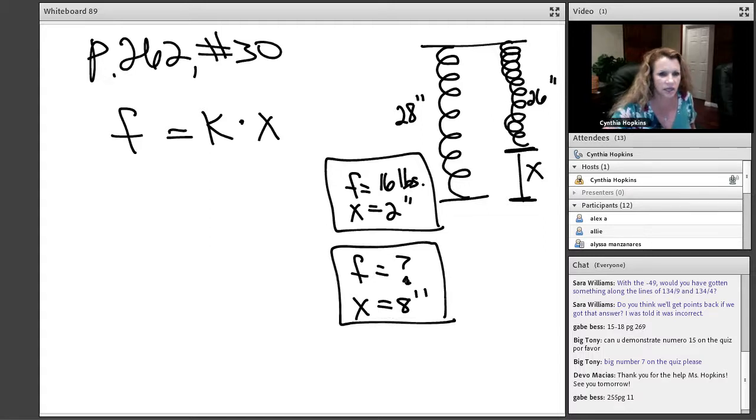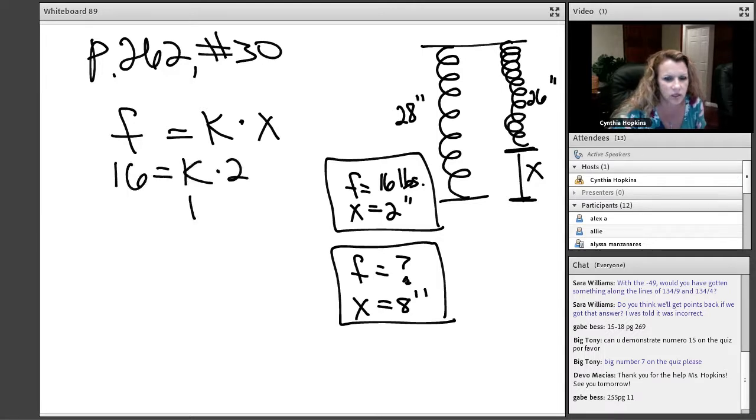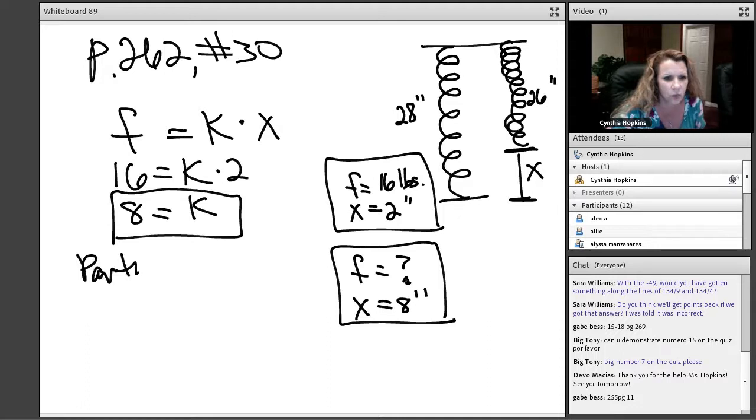Just like we saw in our other problems where there weren't any words, I've organized my work so that now I can use the first set of information to solve for k. So I'm going to get 16 for F equals k times 2. To solve for k, I divide both sides by 2, and I get k equals 8. If they ask for what they call the particular equation, it's rewriting that F equals k times x, but writing 8 instead of the k.